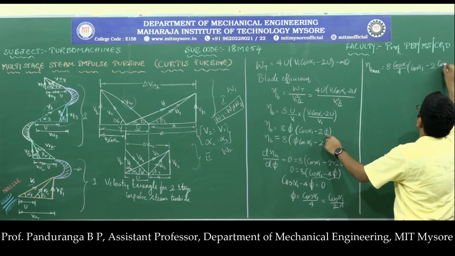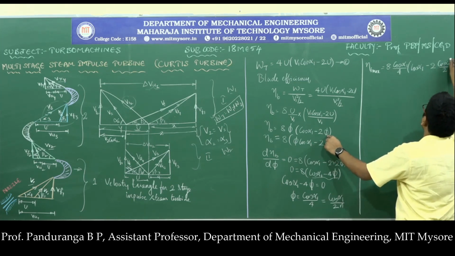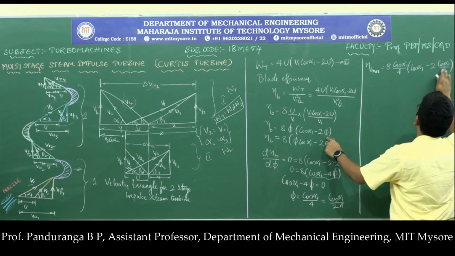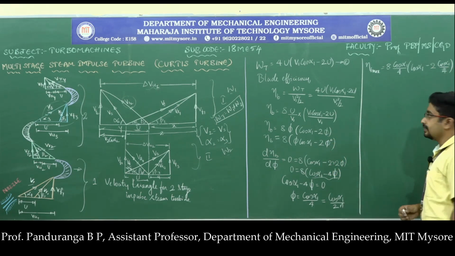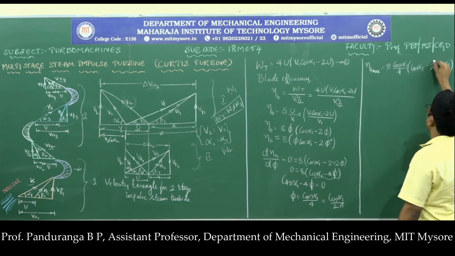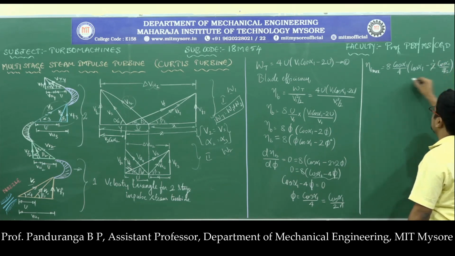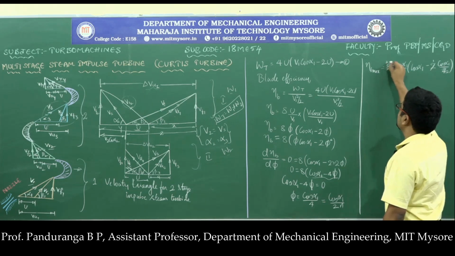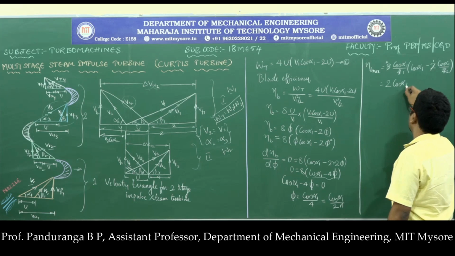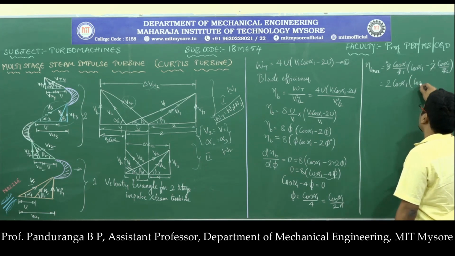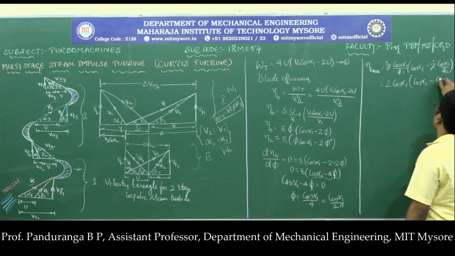There again cos alpha 1 divided by 4, that is the condition for maximum utilization. So we are left with 2 cos alpha 1 into cos alpha 1 minus cos alpha 1 by 2.